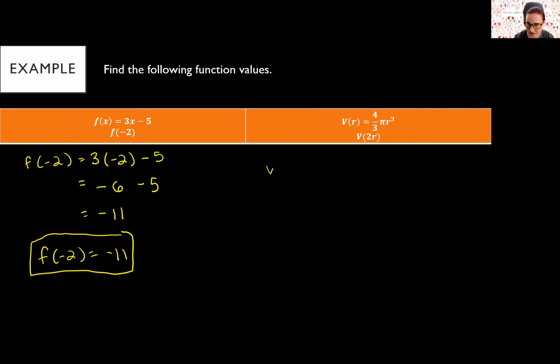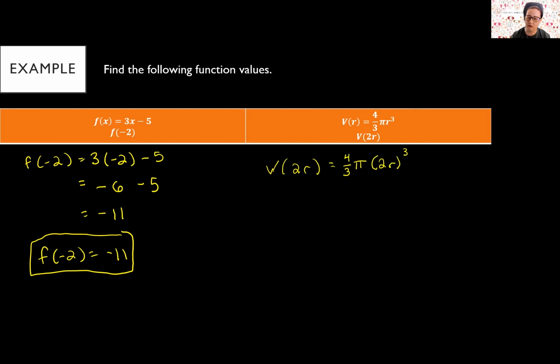But to do this, we have this formula for V of r, and now we want 2r. What this means is that everywhere we see r in the original function, we replace it with 2r. So instead of r cubed, it's now (2r) cubed.